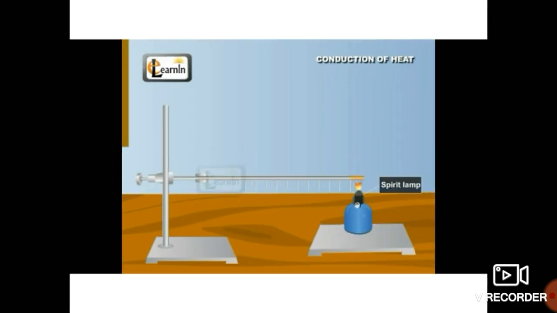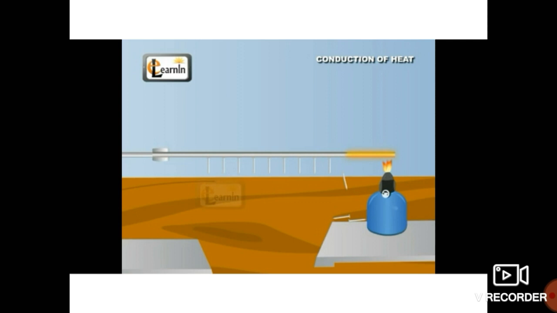Whenever we heat the iron rod at one end, the nail nearest to the heat falls down first, followed by its neighboring nails and so on, one by one.